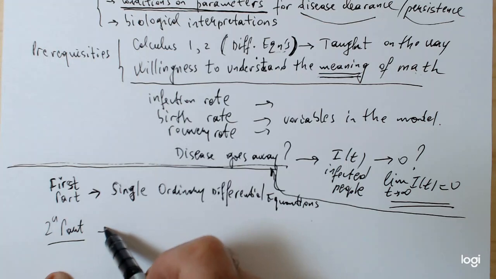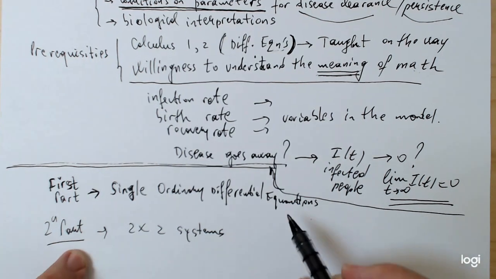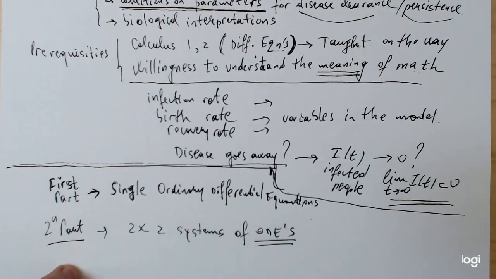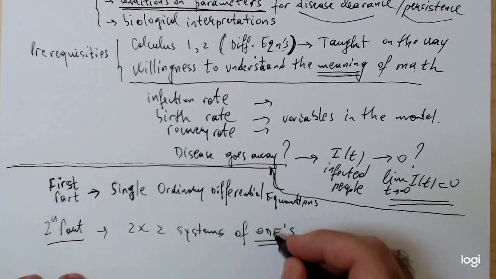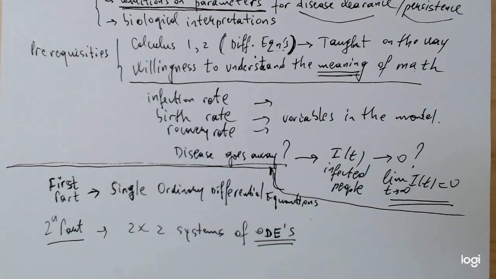we will deal with 2x2 systems of ODEs, either that, or systems that can be reduced via some techniques to 2x2 systems. And these will be a lot more realistic, because they will allow you to actually include more than one type of individual in the equation.